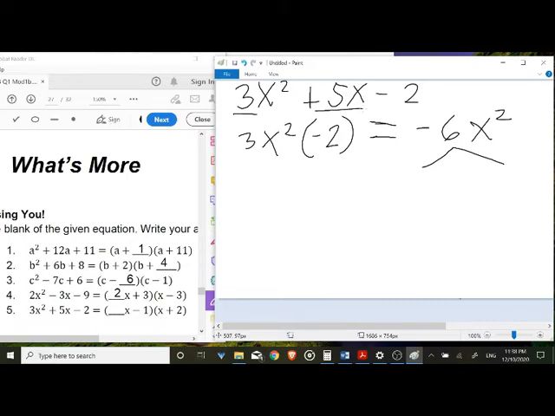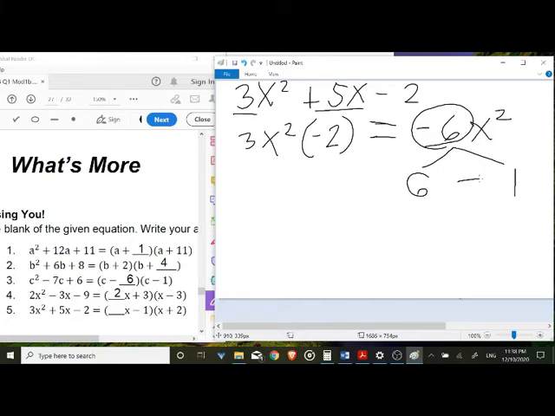Negative 6x squared. So negative 6, ano kayang factors ni negative 6 na pag in-add natin ay positive 5? So, posible 6 tsaka 1, which is, pag minus natin yan, 6 minus 1, 5.